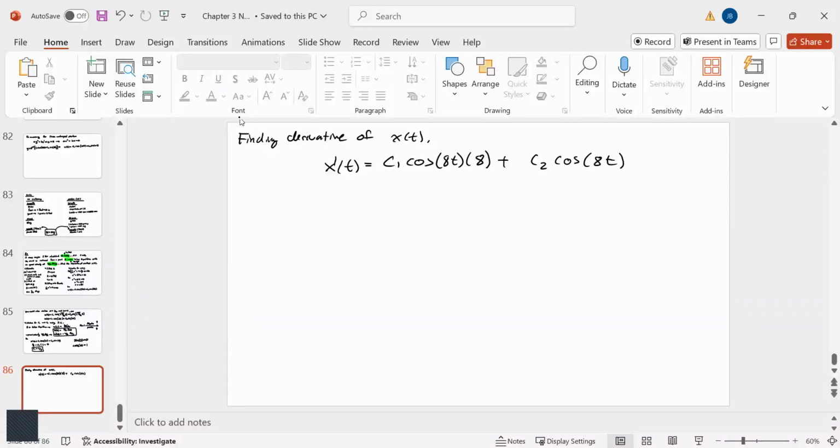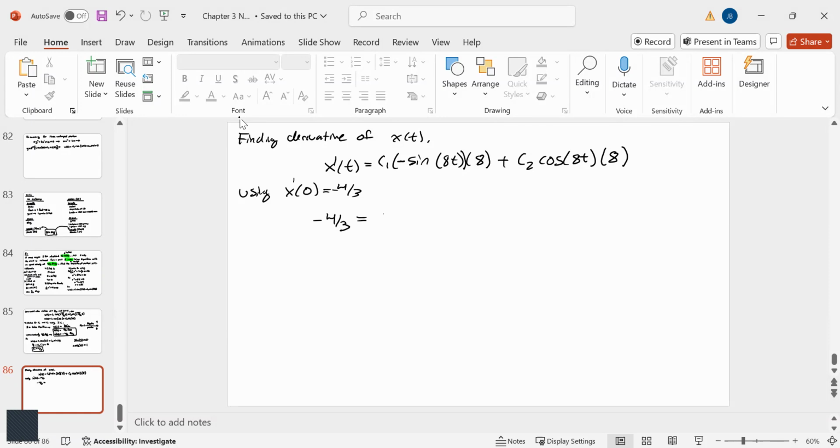I just want to make sure people can see the derivative being taken like that. So chain rule in effect. Oh, that should be sine. There we go.